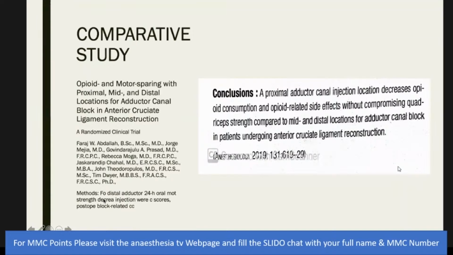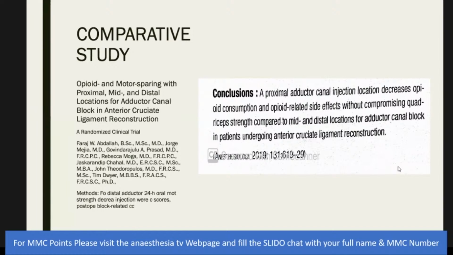A randomized clinical trial by Abdullah and Rebecca was done in 2019. They studied opioid and motor sparing with proximal, mid and distal locations for adductor canal block in anterior cruciate ligament surgery.